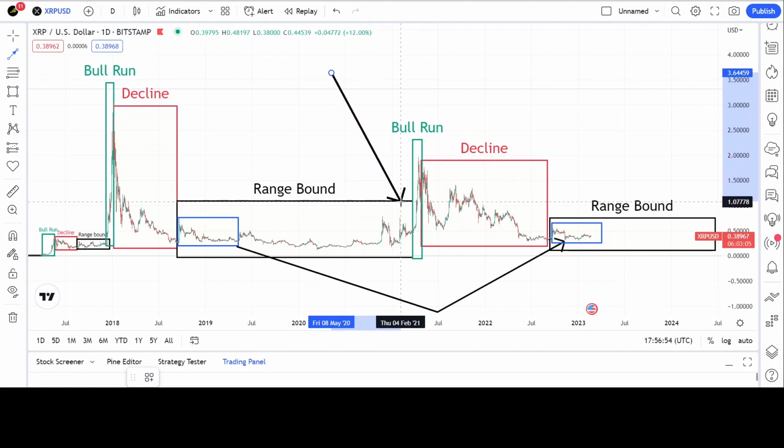It could be a catalyst for the bull run, but we have no historical evidence to say that it's going to change this structure fundamentally and make something appear that has never happened in history before. So unless this is the end of history, this is what we should expect.